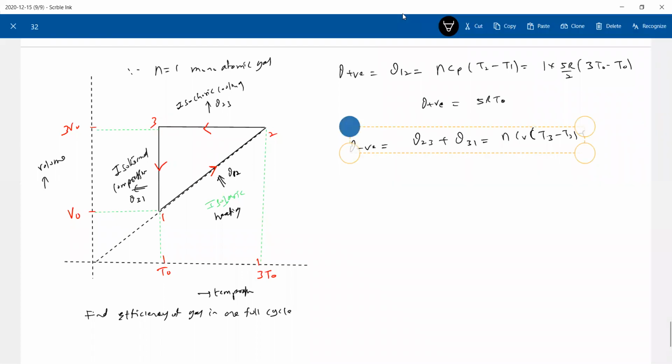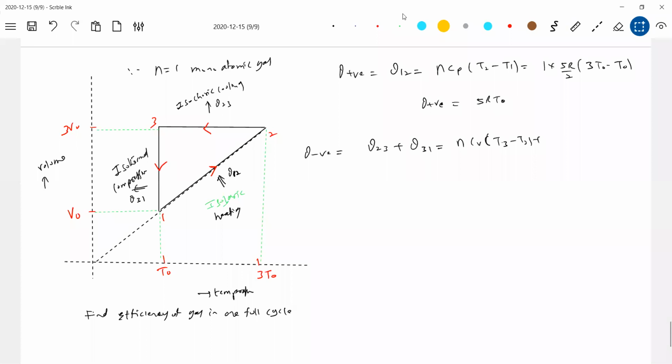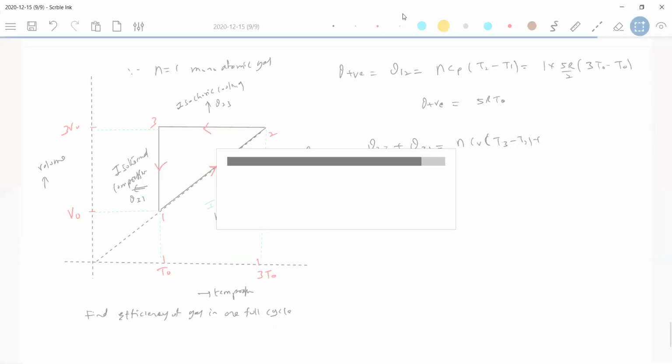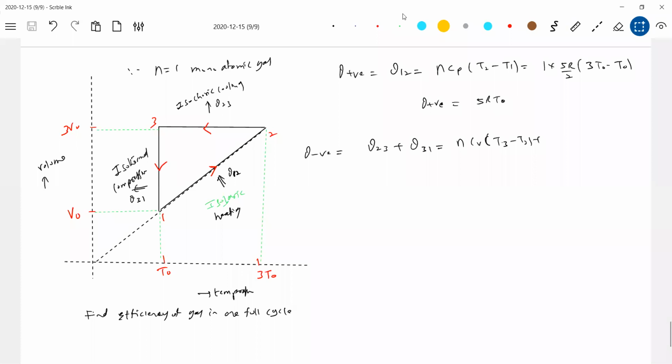Isothermal process, what is Q equal to? nRT3 log of final volume by initial volume, V1 by V3.